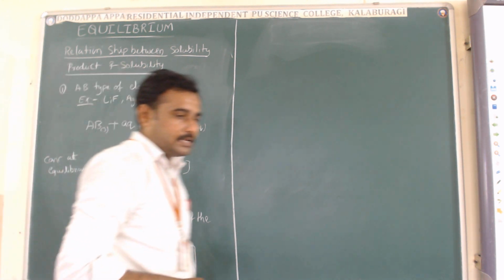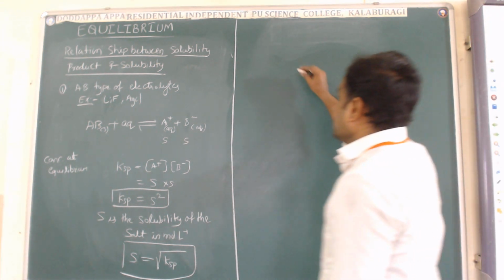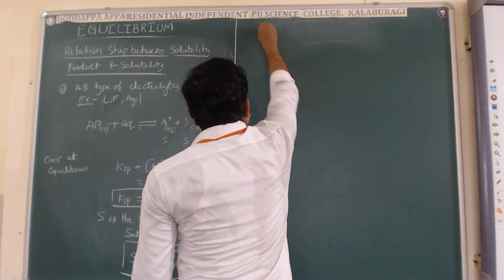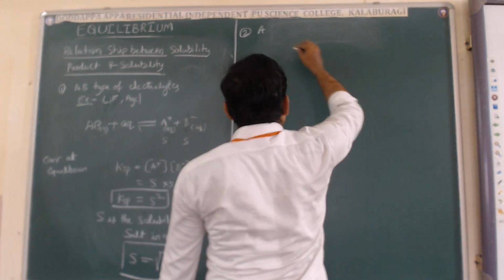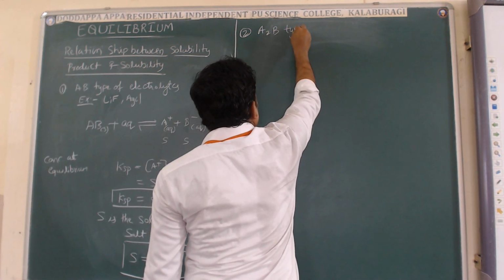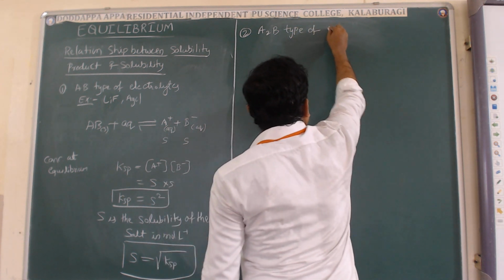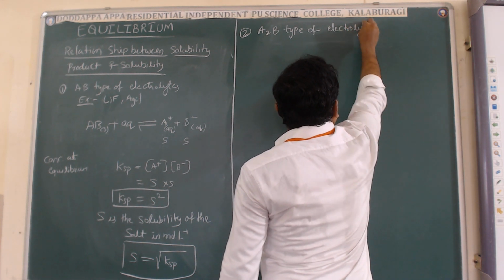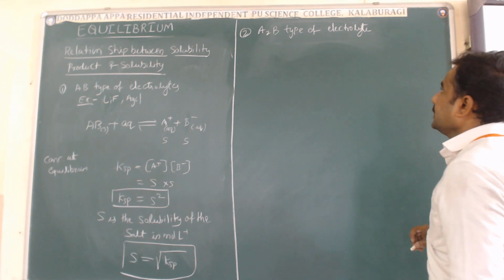This is the example for the AB type of electrolytes. Suppose you have the A2B type. Next one, the second one is the A2B type of electrolyte.